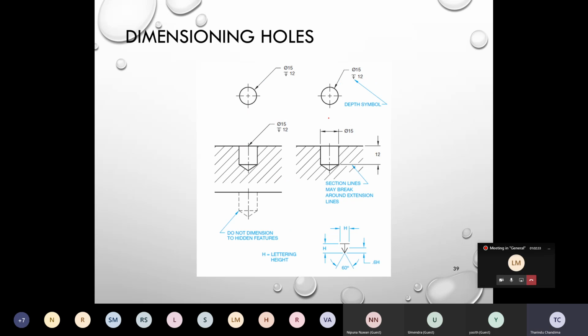So when you manufacture a hole, drill bits are used to drill it. Normally a drill bit has a conical shape like this. You cannot have a hole with an exactly flat bottom like this.